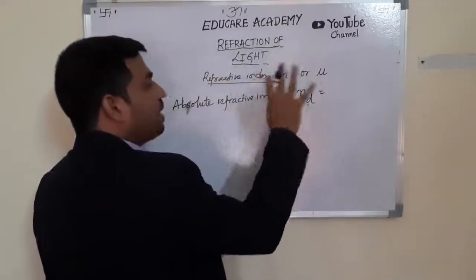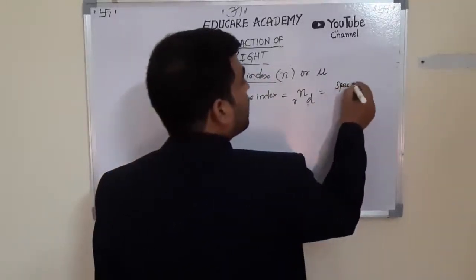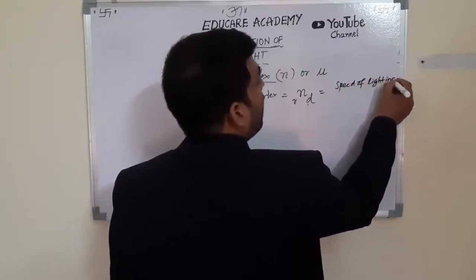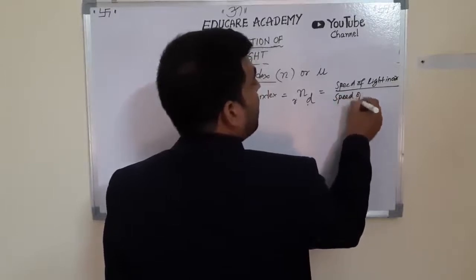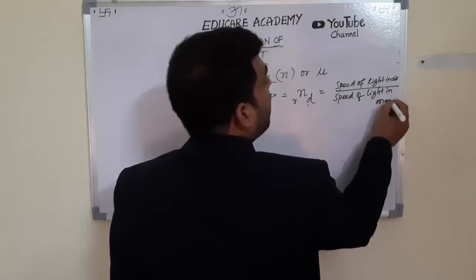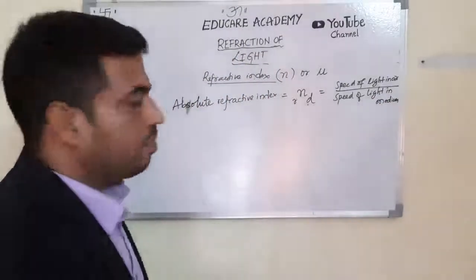So the absolute refractive index can be written as speed of light in air divided by speed of light in medium, in any medium, because the light can enter from air to any medium.